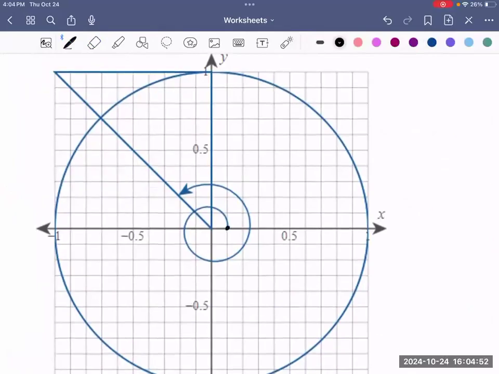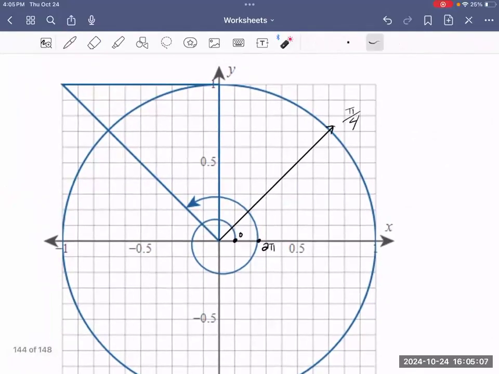Okay, so we just talked about this being 0 and this being this 2 pi amount. And we were talking about this reference angle that we have shared from before, so pi over 4, which matches this pi over 4 here. Now, in this case, we are between these angles.